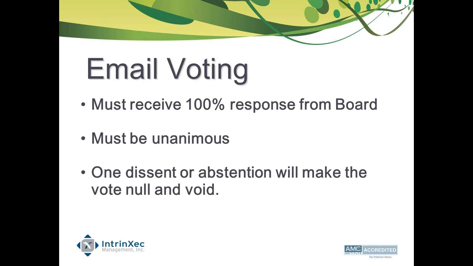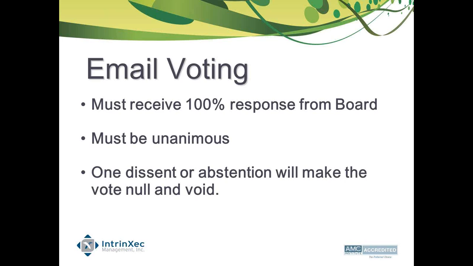Going back to what I said earlier about the 12 angry jurors, that same concept of having that simultaneous deliberation is why email voting is a very difficult vote to take. The only way email voting is legal is if you get 100% response from the board and it's completely unanimous.